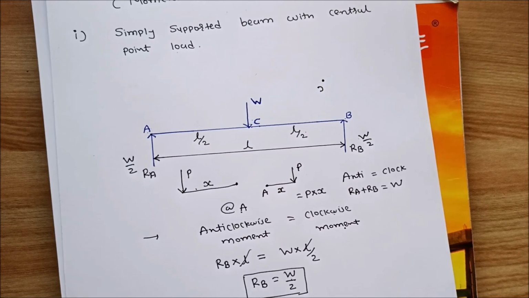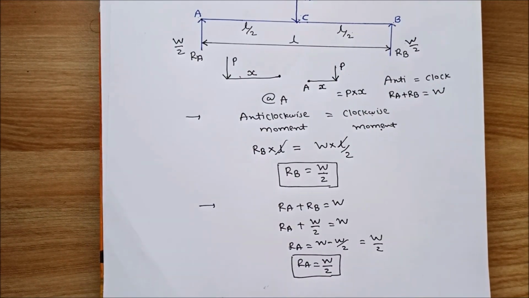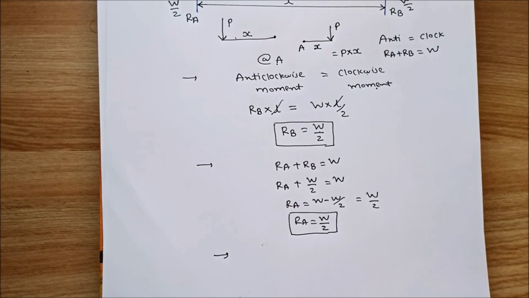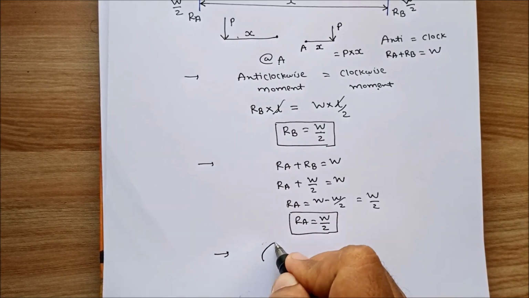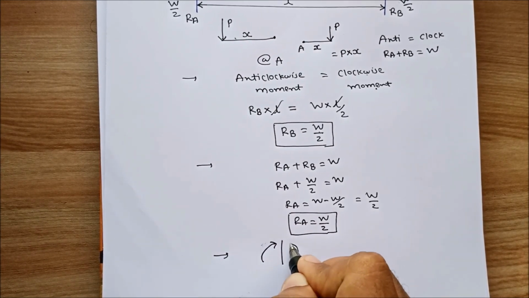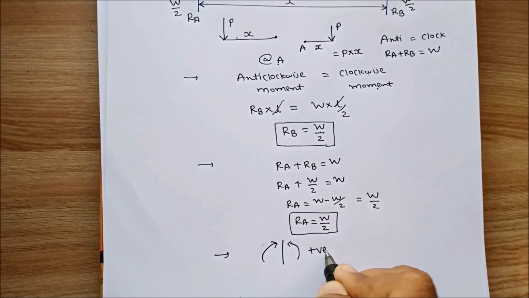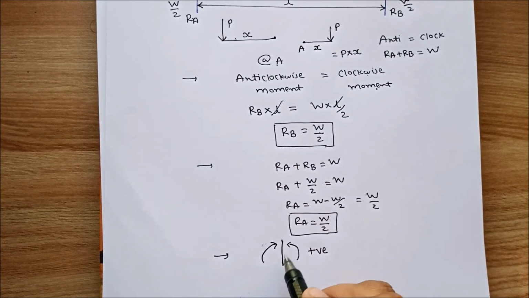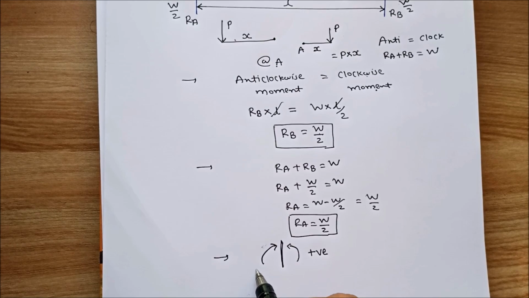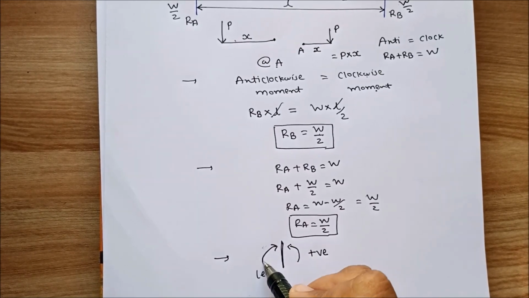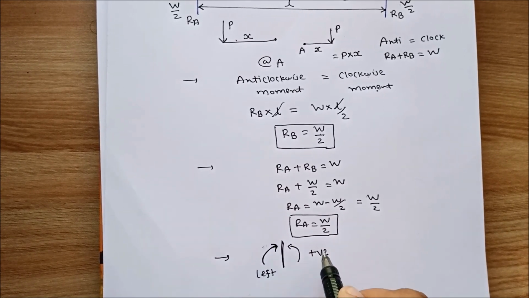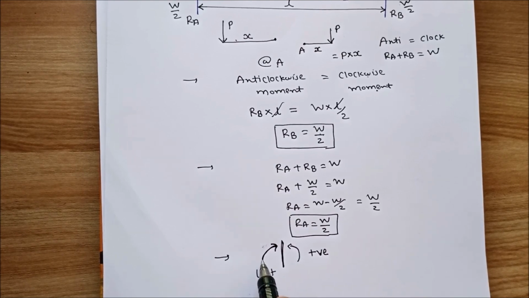Now we find maximum bending moment. First we take the sign convention for bending moment. Consider this section. For example, if you are taking moment from the left side, then clockwise moment is positive and anti-clockwise moment is negative.